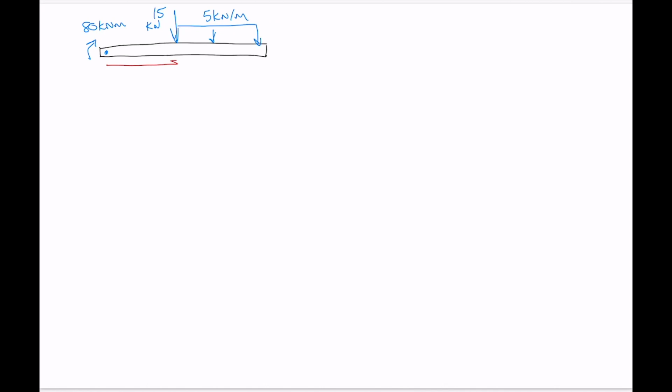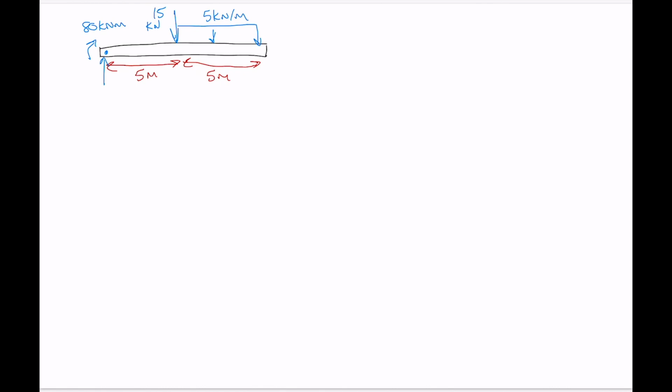Okay, so our beam looked like this here. So we've got 15 kilonewtons in the middle here, and then we had 5 kilonewtons per meter there, and we've got our point moment of 80 kilonewton meters there, and then we've got our 5 meter length and 5 meter length to the other support reaction.